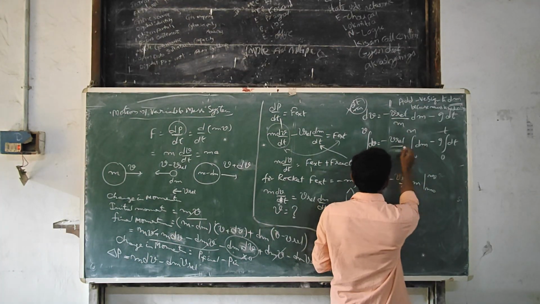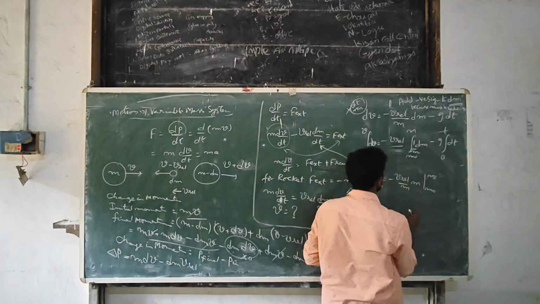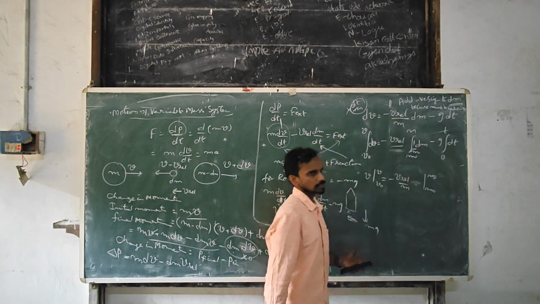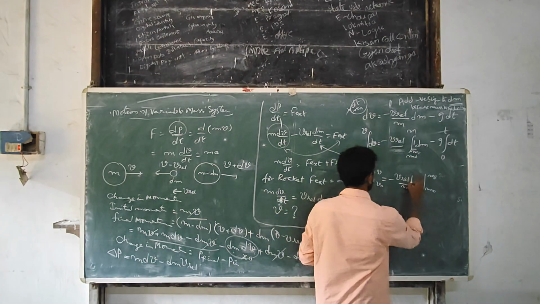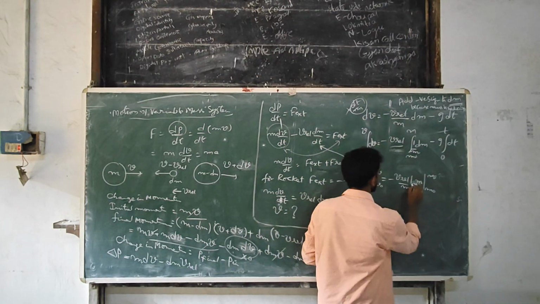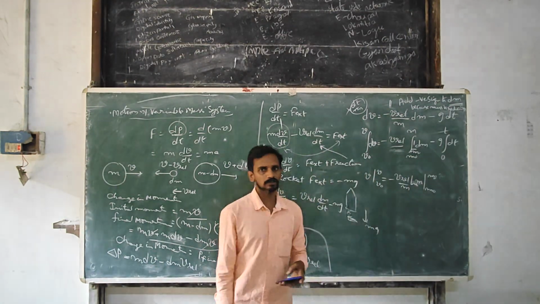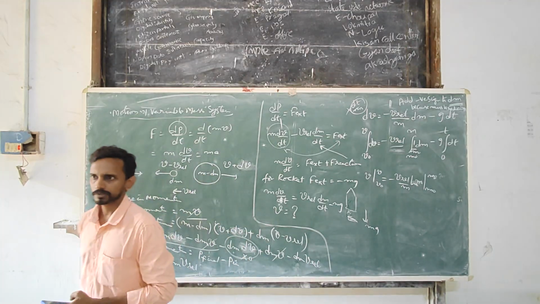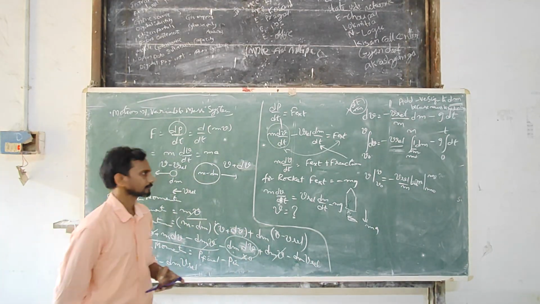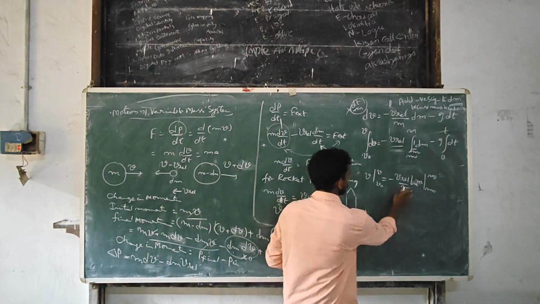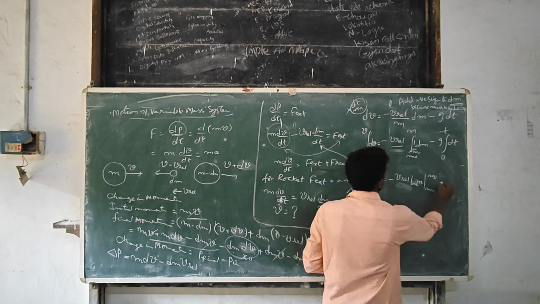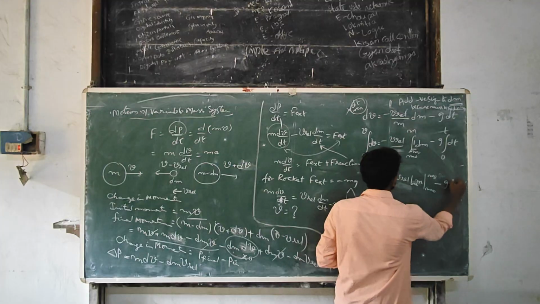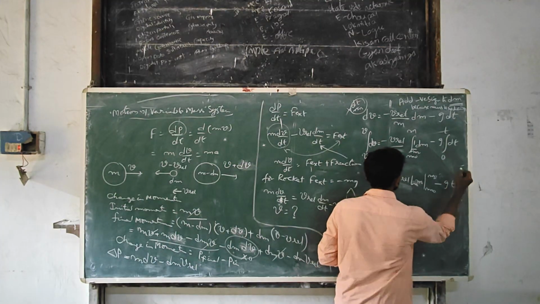One by m, so this is 1 by m. The integration of 1 by m is log m. I'm writing log base e as ln, log m, minus g times t from 0 to t.